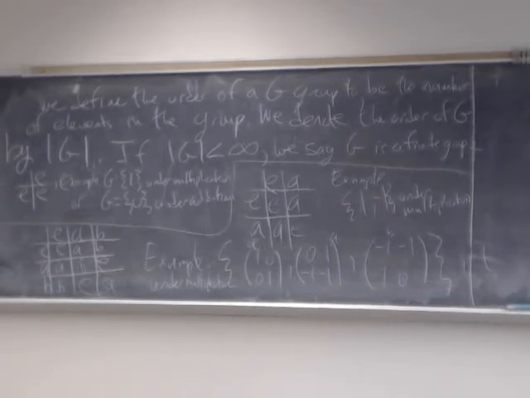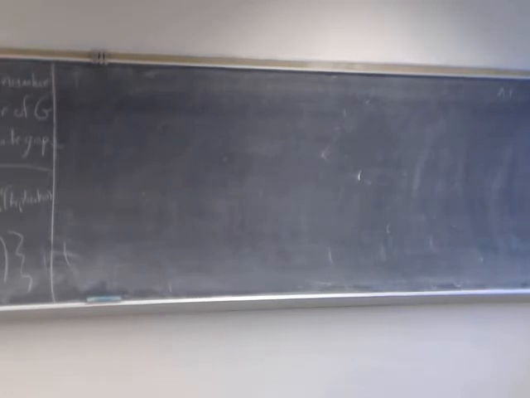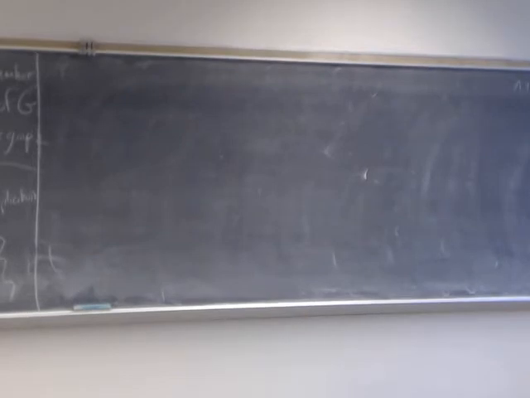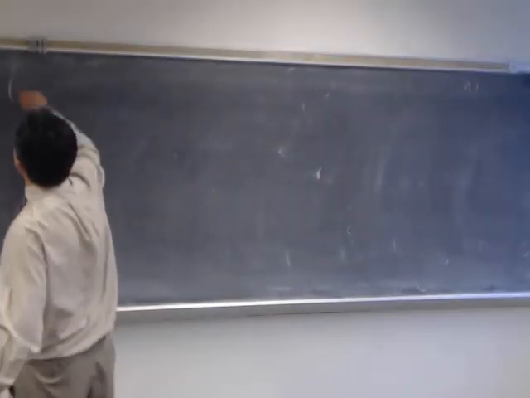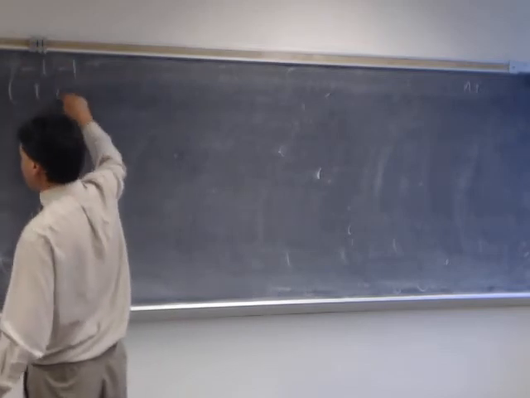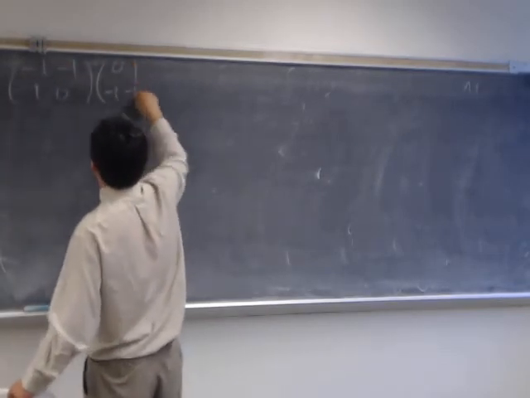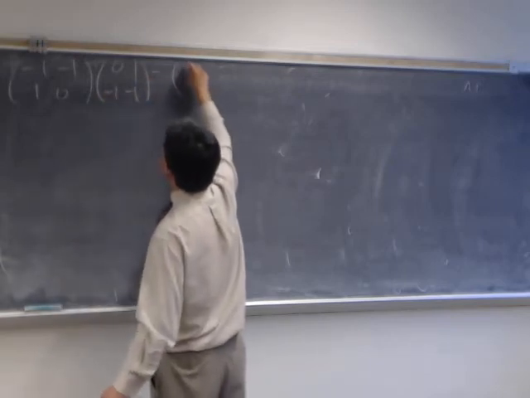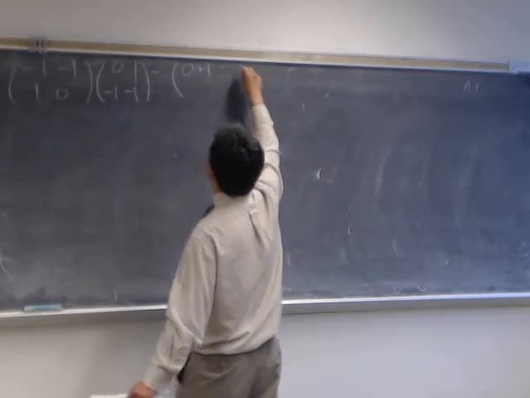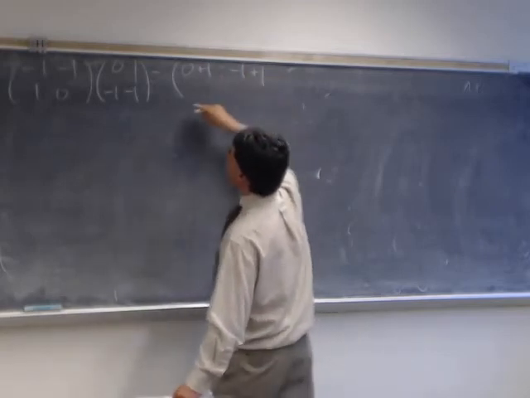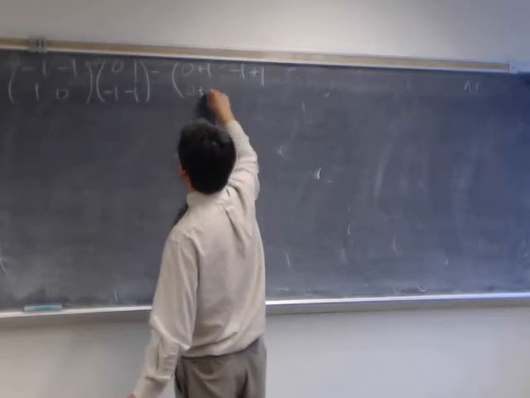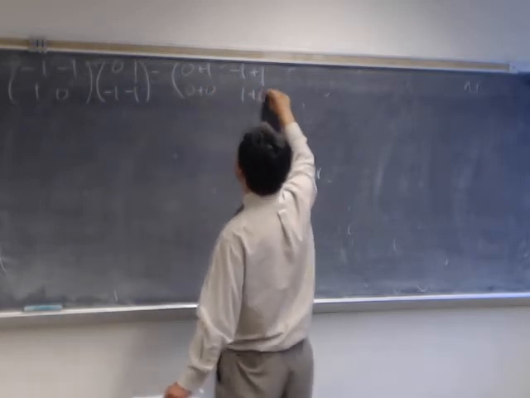So let me work on that. If we see this times this, it would give us 0 plus 1 minus 1 plus 1, 0 plus 0, 1 plus 0.